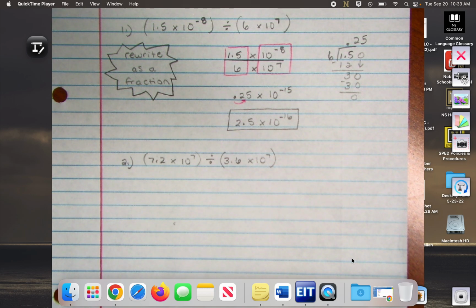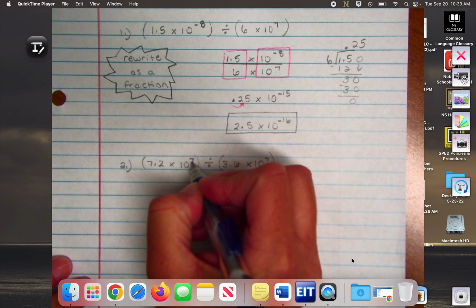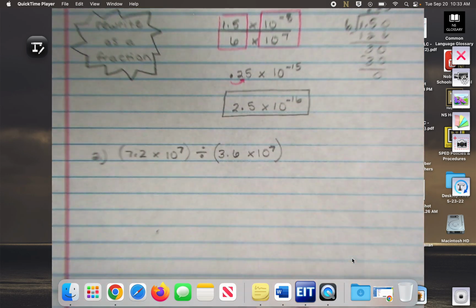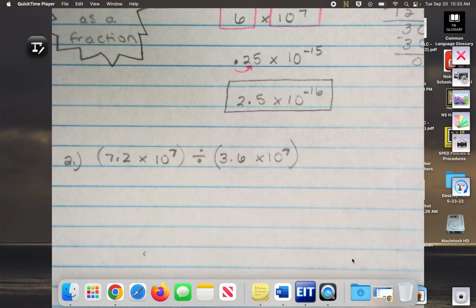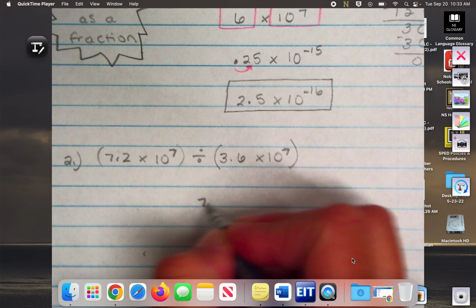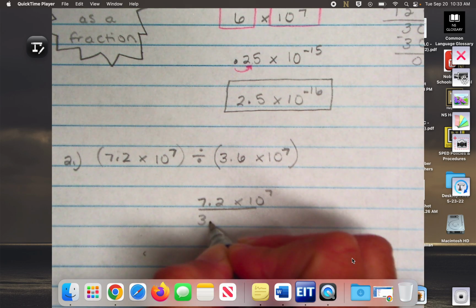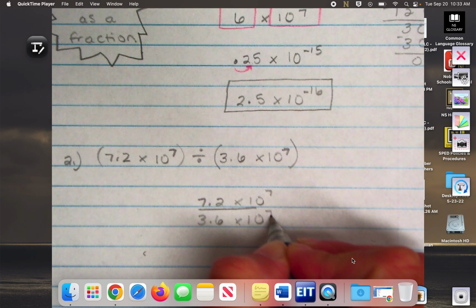What's my first step? What do I need to do before I do anything else? What's the number above 10? So they both have a 7. What am I going to do before I do anything else, Kendall? Rewrite it as a fraction. 7.2 times 10 to the 7th divided by 3.6 times 10 to the 7th.